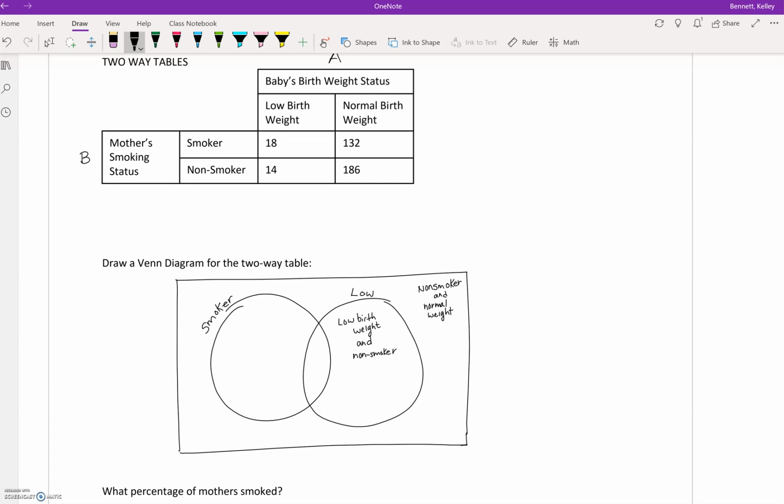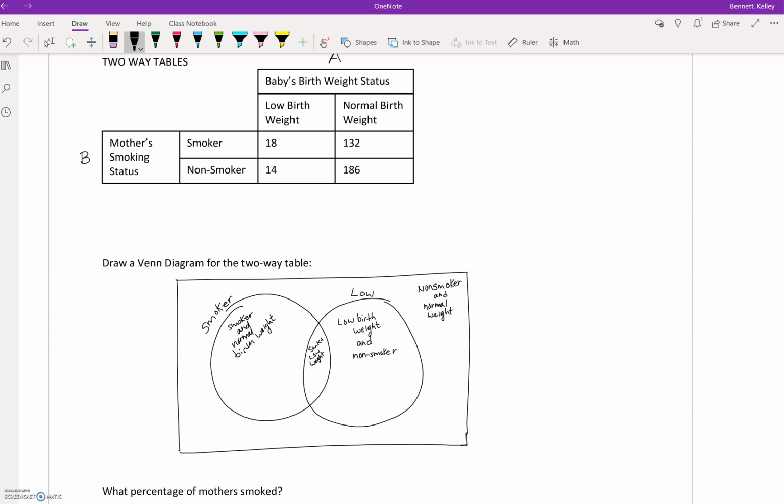Similarly, if I'm over here in the smoker circle, but not in the intersection, this is a smoker and normal birth weight. And then if I'm in the intersection, I'm a smoker and I have low birth weight. Right? So that says smoker plus low weight.